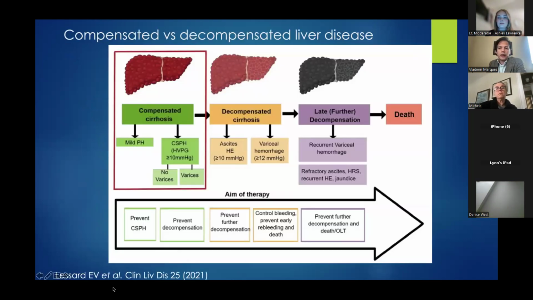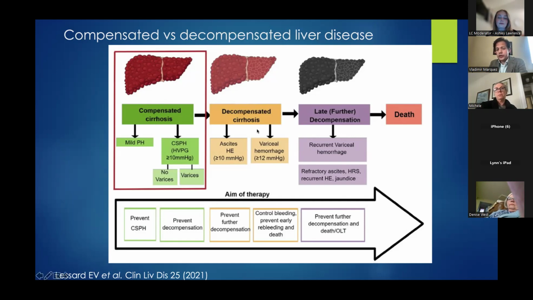This is probably a little bit more difficult to understand for non-medically trained people. When we have a patient who has cirrhosis, at the beginning we can refer to this as a compensated cirrhosis. So even though the liver has cirrhosis, it still works quite well, and they don't have a lot of high blood pressure within the liver system.